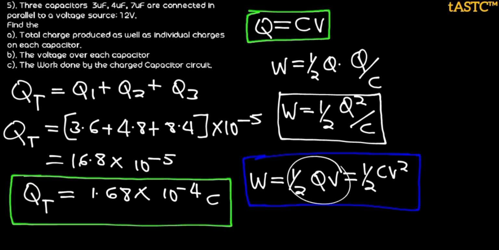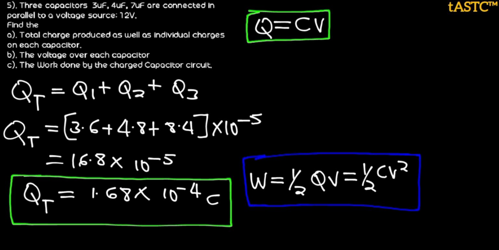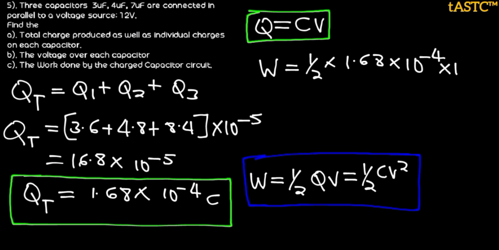Now this happens to be the simplest, so that is the one I'm going to use. So this is 1 over 2 multiplied by Q. Now Q is the total charge, which is given as 1.68 times 10 to the negative 4, multiplied by the voltage, which is given as 12.